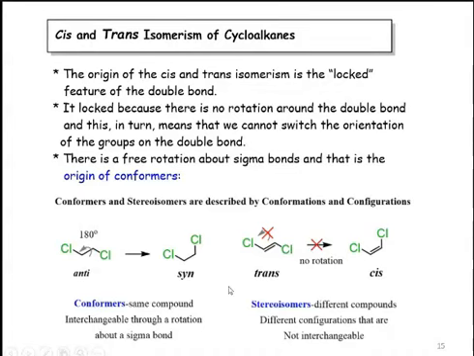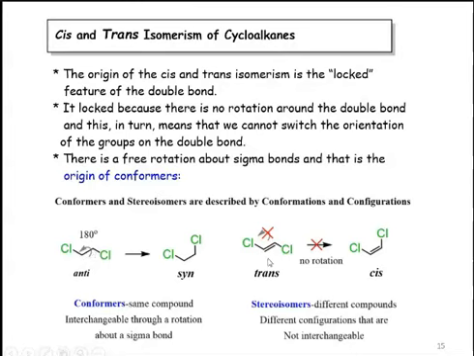The conformers and stereoisomers are described as conformations and configurations. Here we can observe a carbon-carbon sigma bond. When there is a single bond, we call it a sigma bond.